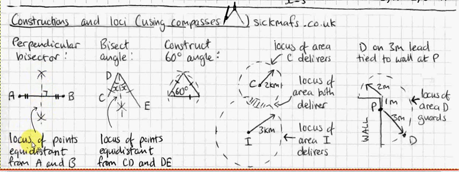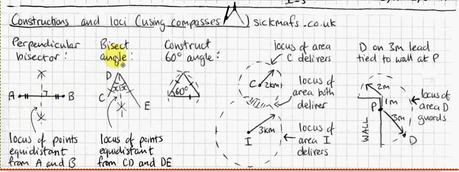It tells me the locus of all the points equidistant from A and B. That means this is the boundary, or the line, that defines where all the points are that are equidistant from A and B. So any point on this line is equidistant from here to there, from A and B. So pick a point on the perpendicular bisector. That point here, for example, is the same distance from here to there as it is from here to there. Okay, so that's your perpendicular bisector done.